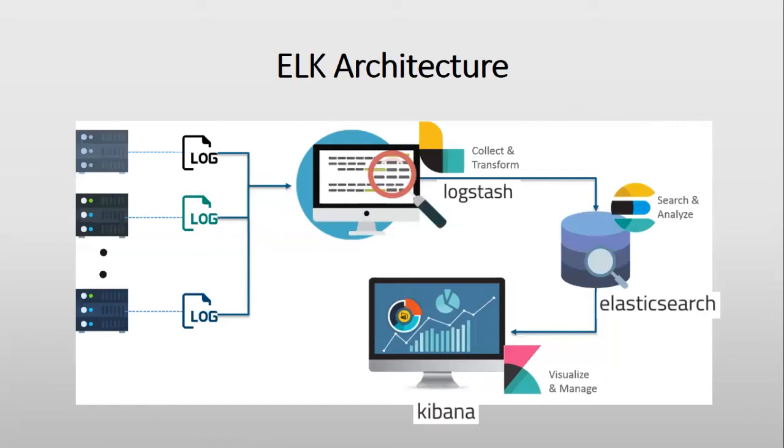They can be in any format: text format, picture format, or any kind of graphical format. It fetches the data from the documents, collects it and transforms it into the format recognized by Elasticsearch. That means the output of Logstash is the input to the next tool, Elasticsearch.